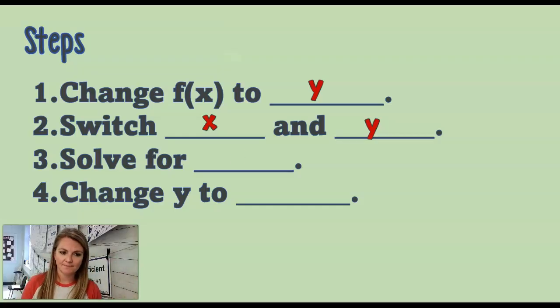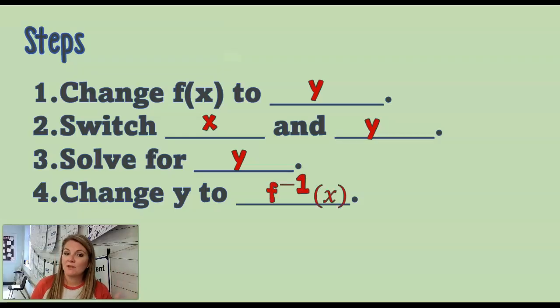Then you're going to solve for y. That has a special piece to it this time, because solving for y follows a specific order that you need to go in. And then step 4, change y back to f inverse of x.